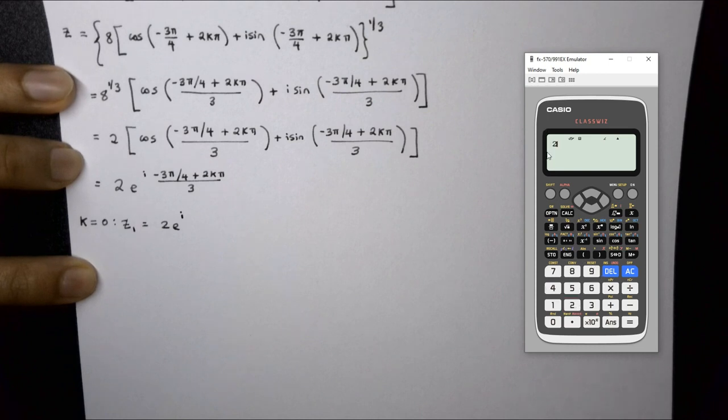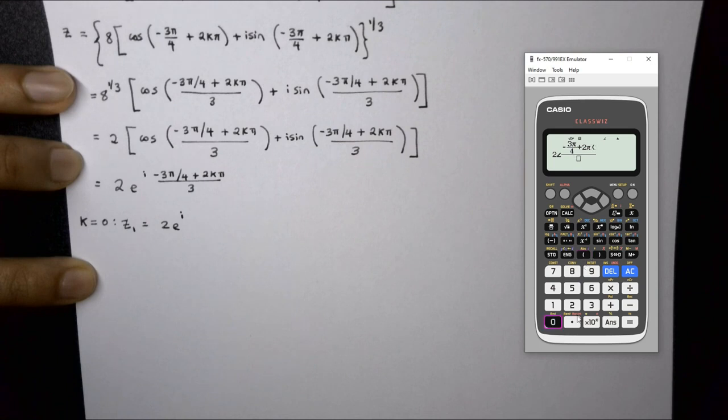So if we press 2, which is the modulus, and then press shift and then the engineering key for the angle, and type all of this up, we have minus 3 pi over 4 plus 2 pi lots of k.